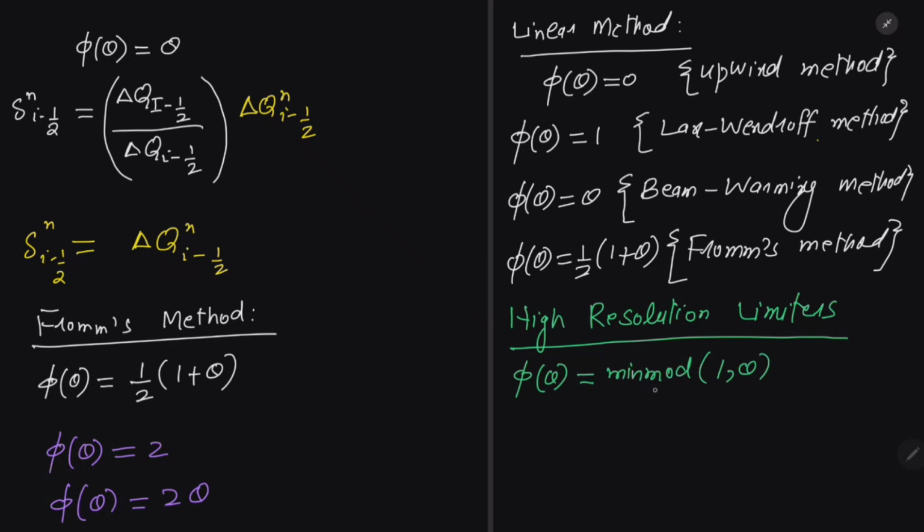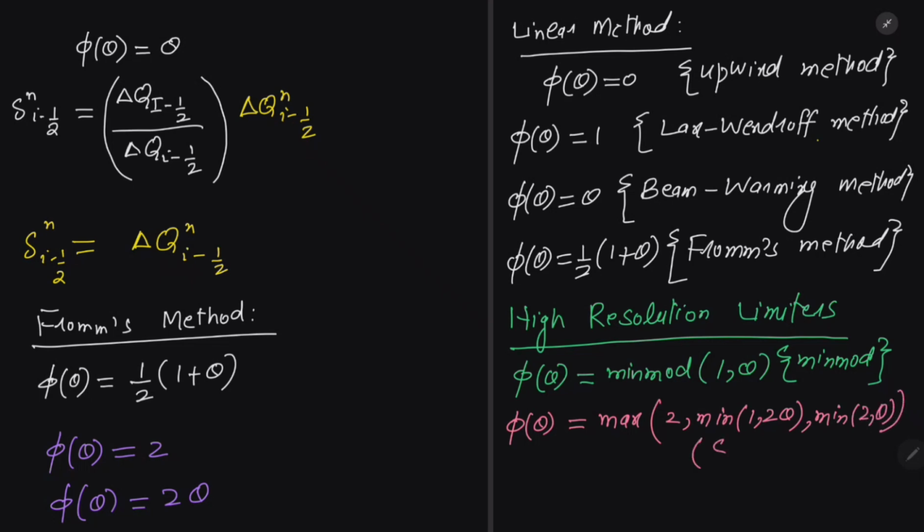If minmod chooses from 1 and theta, then we get the minmod limiter. If phi of theta is equal to the maximum from 0, min of 1 comma 2 theta, and then the minimum from 2 and theta, then this is called the Superbee limiter.